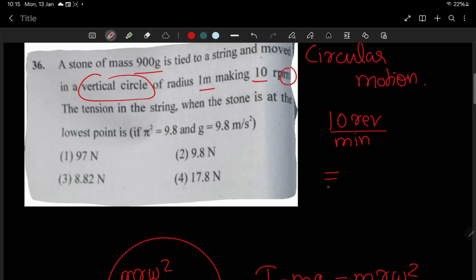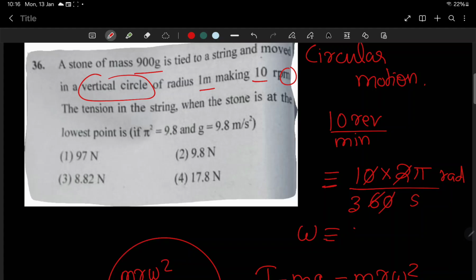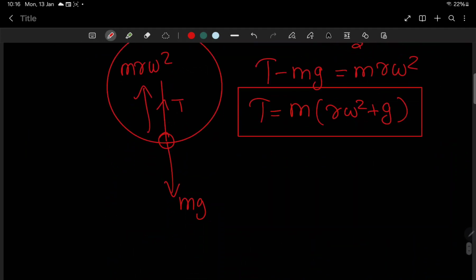How to convert it? One revolution is equal to 2 pi radian. So multiply with 2 pi radian per 1 minute, which is 60 seconds, radian per second. Now we get omega is equal to what? Pi by 3 radian per second. We get this.